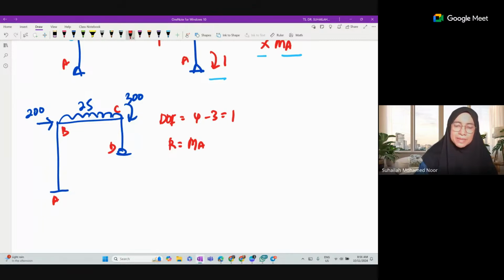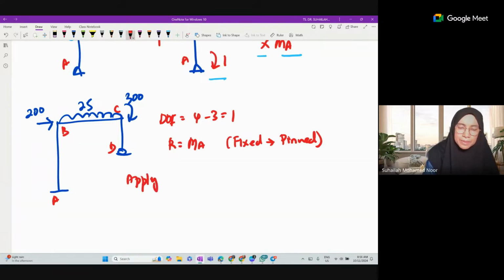MA as redundant means we change support A from fixed to pin. Fixed becomes pin. Okay, so we apply the principle of superposition.